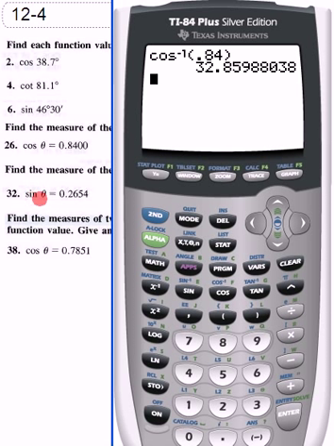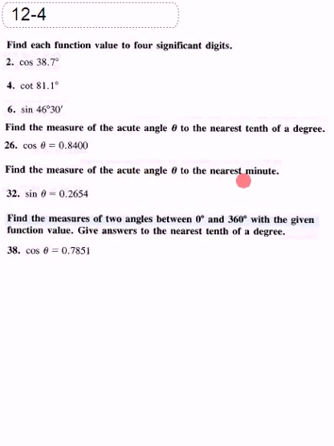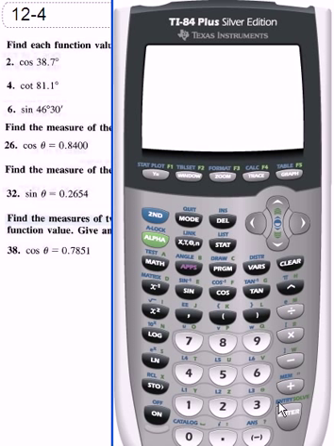Similarly, for this problem, we would take the inverse sine of both sides, but this problem, note, is asked to the nearest minute. So now we'll start the same way by taking the inverse sine of 0.2654.